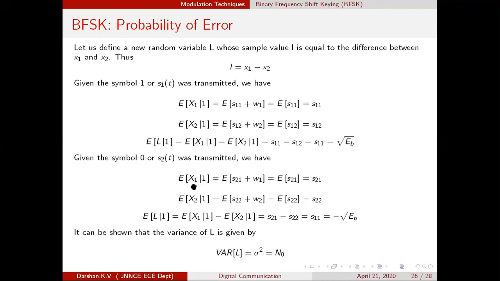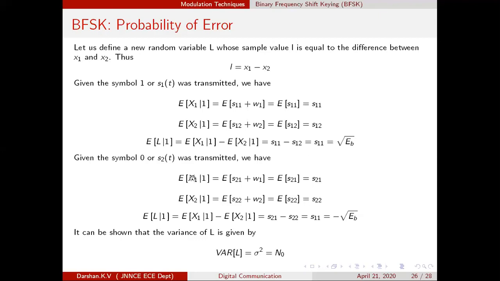Remember, you have transmitted S2 of t, but what would you receive? You would receive the signal. The received signal is called x of t only. X of t could be converted to a vector x. It contains two coordinates, x1 and x2.